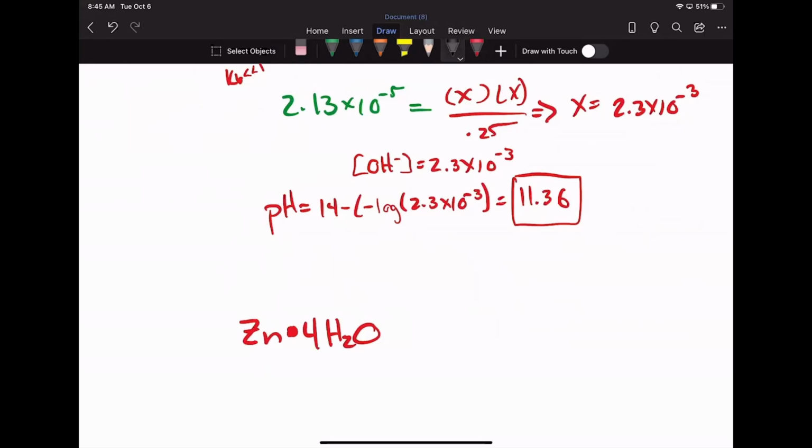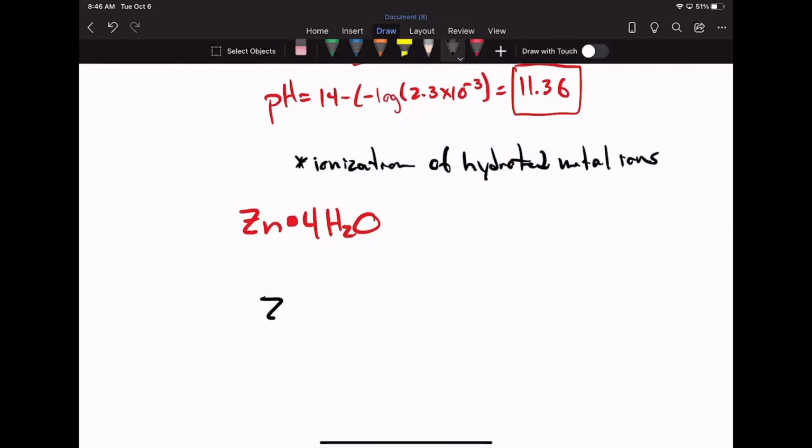So what we'll talk about here is the ionization of hydrated metal ions.